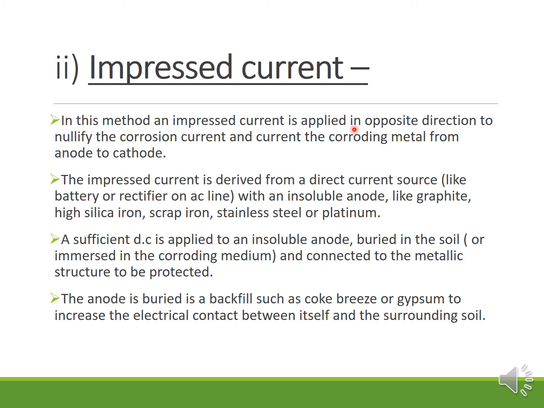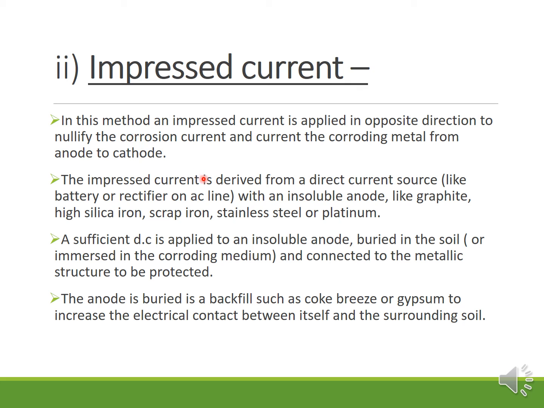Next method is impressed current. In this, we are externally supplying current, so the base metal or structure will behave like a cathode and be protected from corrosion.